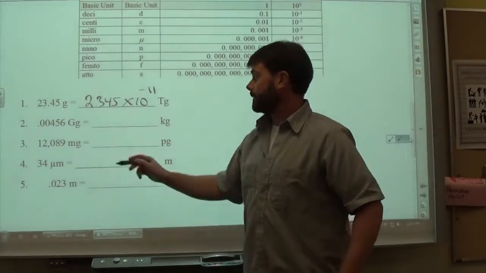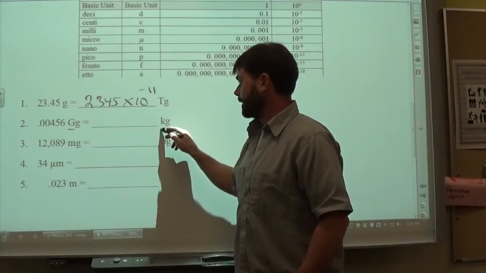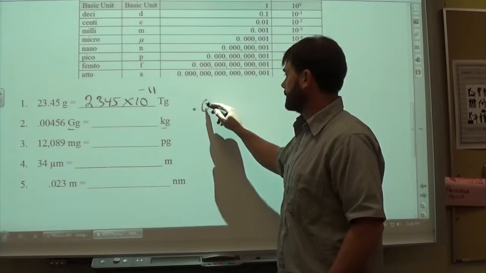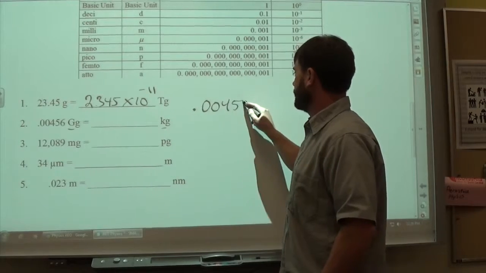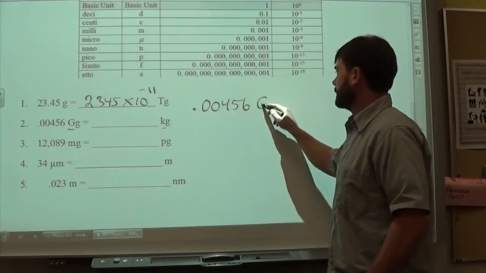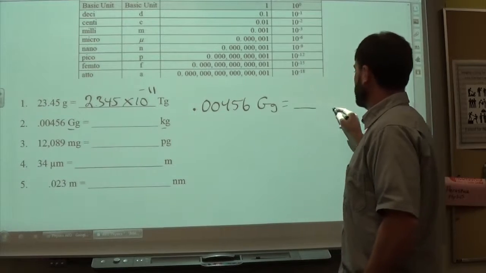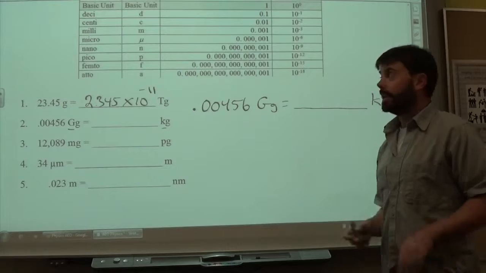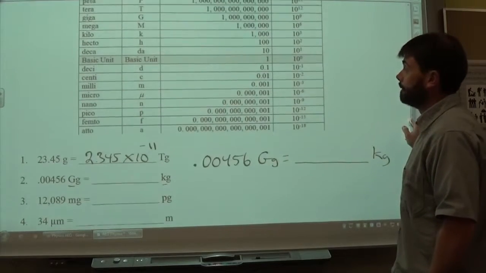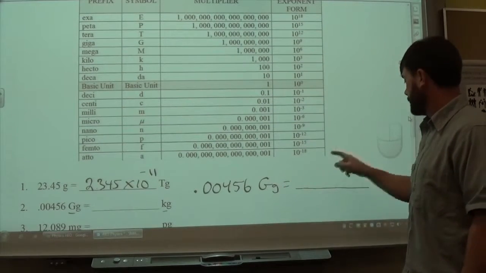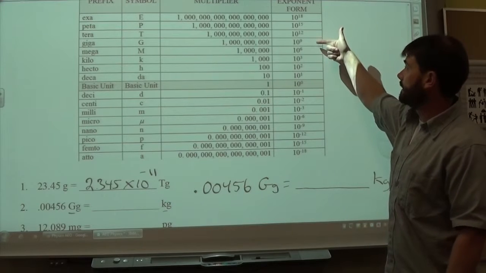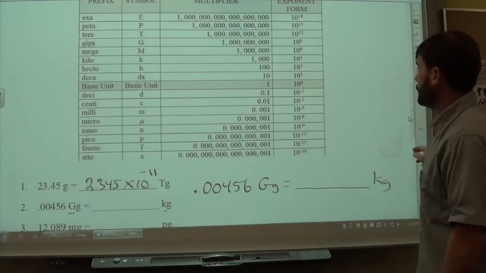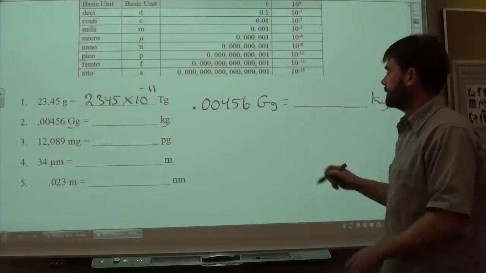All right, the next one I'm going from gigagrams to kilograms. So I start out with 0.00456 gigagrams, and this is going to go to kilograms. Remember the first step, look at the chart, find giga and find kilo. Giga is 10 to the 9th, kilo is 10 to the 3rd. So I'll list them out.